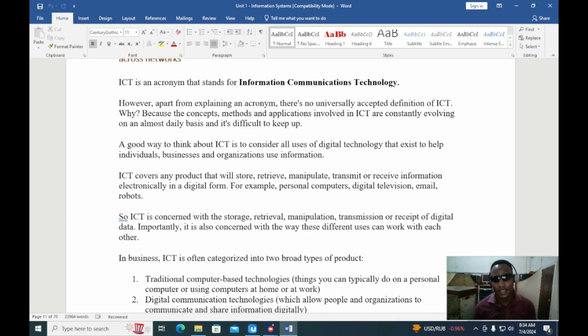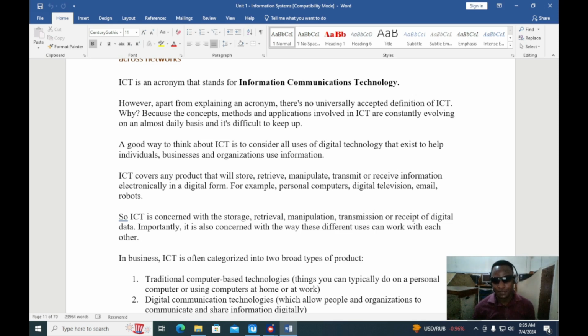Remember, IT did not include procedures. In information technology, we said it is the hardware, the software, the networks, and the databases that are used in information management, but we did not include procedures. It's important for us to get that one clear. So we said ICT has its major concern in storage, retrieval, manipulation, transmission, and even receipt of digital data.